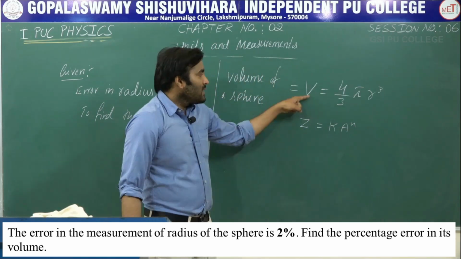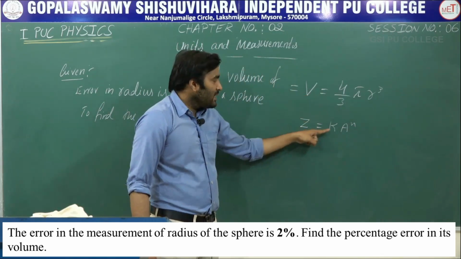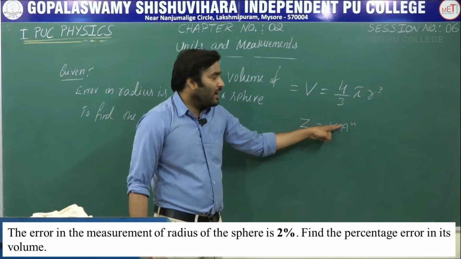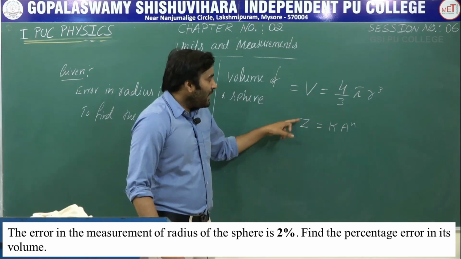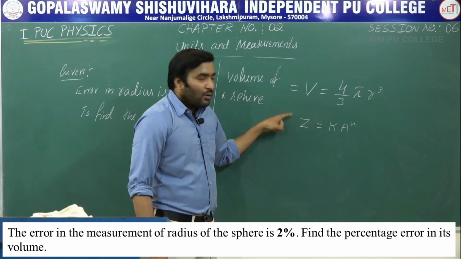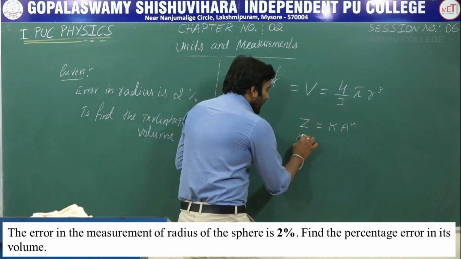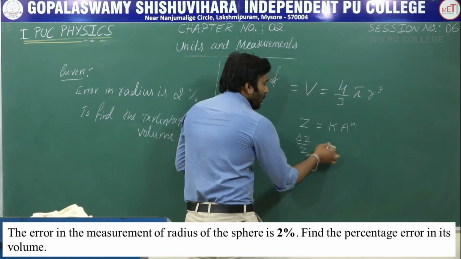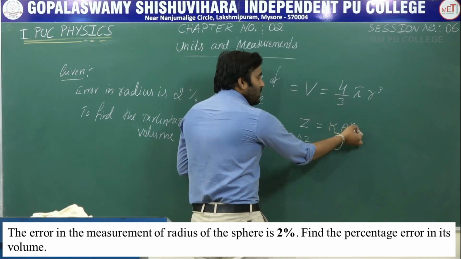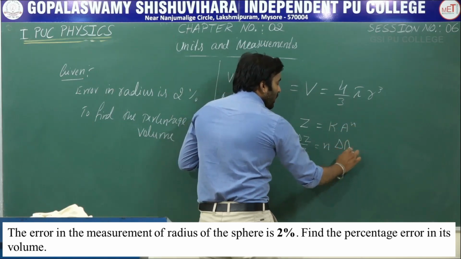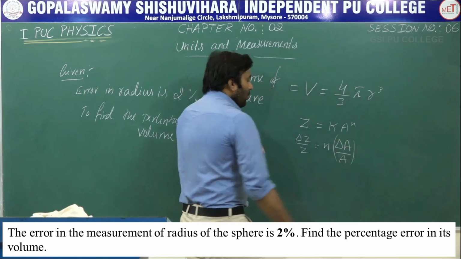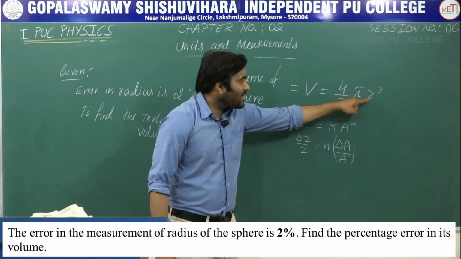Correct? So this equation is in the form of Z is equal to k into A power n, where k is any constant. So if I write the relative error of Z, what you will get? Delta Z by Z is equal to, I should omit this constant and you should write the power into the relative error of A.